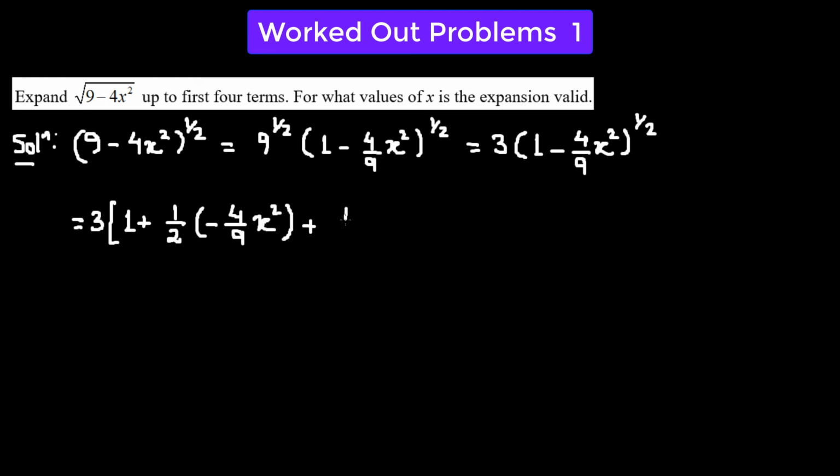plus n times n minus 1 divided by 2 factorial.